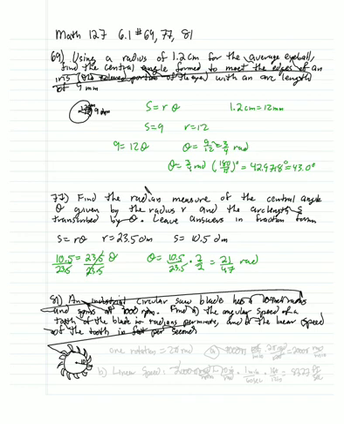So, first of all, one rotation equals 2 pi radians.